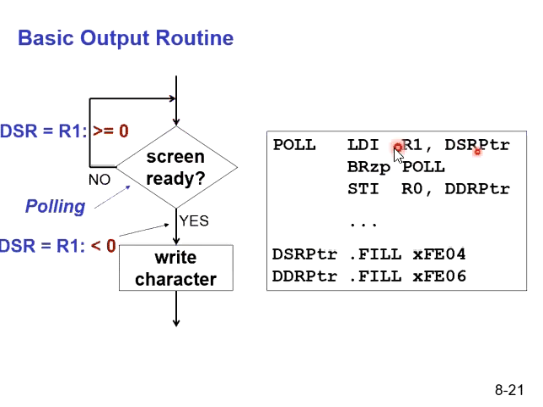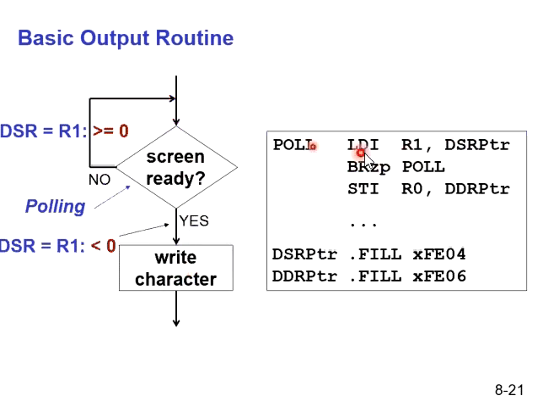That means you want to read the value from DSR, the status register. We read the data from DSR and assign it to R1. We check if it's negative. If yes, we go out. Otherwise, we go back to poll.